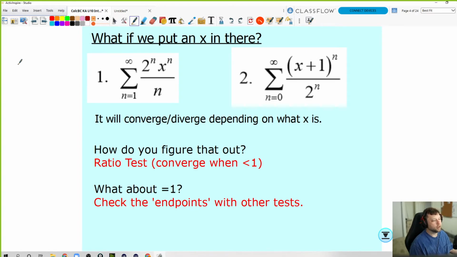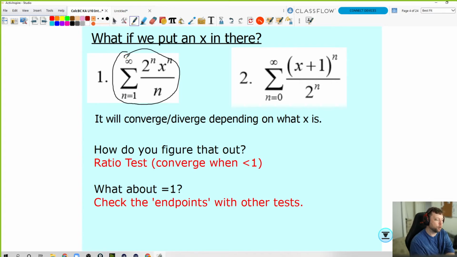Now I'm going to put an x in there too. How do you have 2 letters in here? Like 1 letter's bad enough. So the idea of putting the x in, we're adding a second variable. And when I say interval of convergence, I say, hey, what if I had this thing? I don't want to know if it converges or diverges.